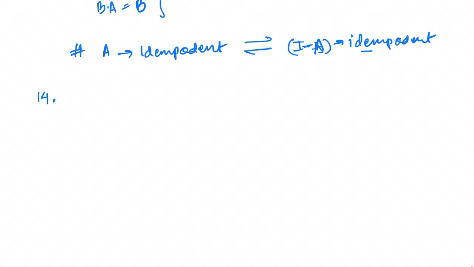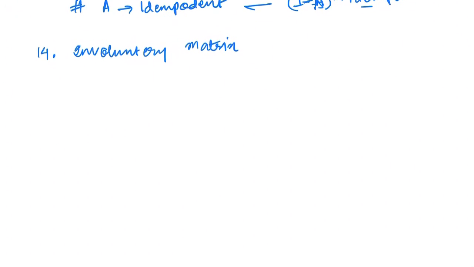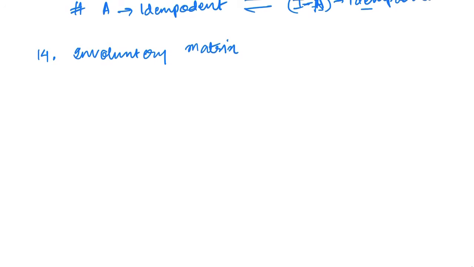Moving on to the next type, which is the involutory matrix. An involutory matrix is one where, if I consider a matrix A, and A is a square matrix, which is a condition, it should be a square matrix.